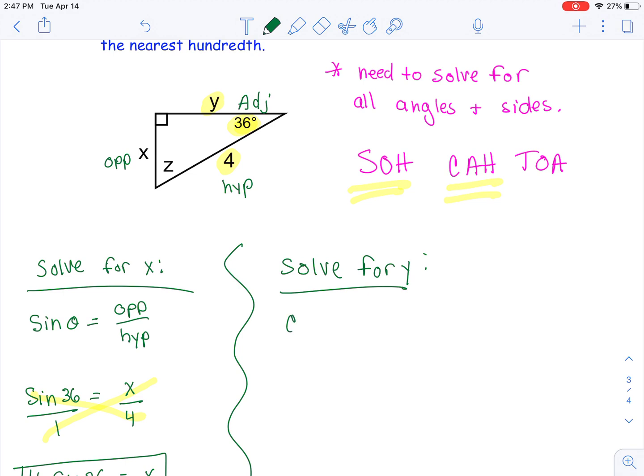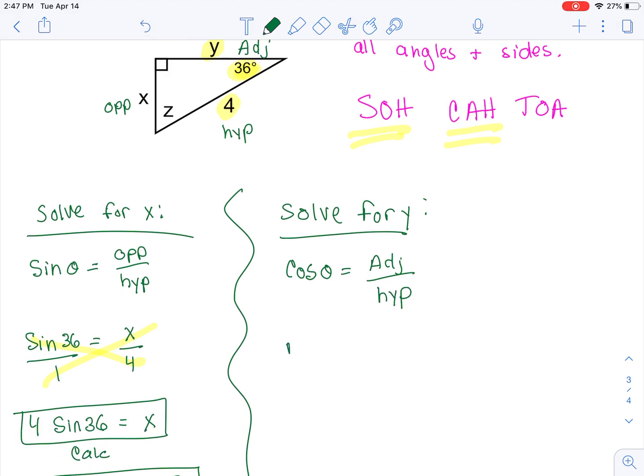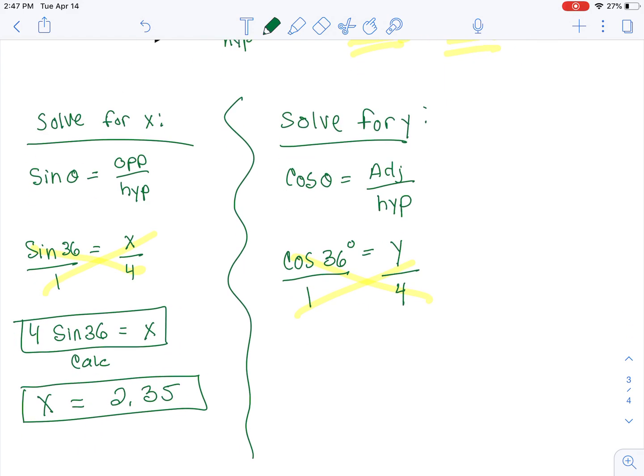So we can say cosine of an angle is equal to the adjacent over the hypotenuse. The angle that we have is 36 degrees, so cosine of 36 is equal to adjacent, that's our unknown, over our hypotenuse, which is 4. I'm going to put this over 1 so that I can cross multiply. And I'm going to get 4 cosine 36 equals y.